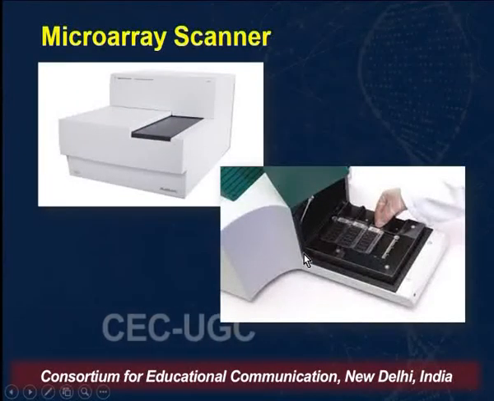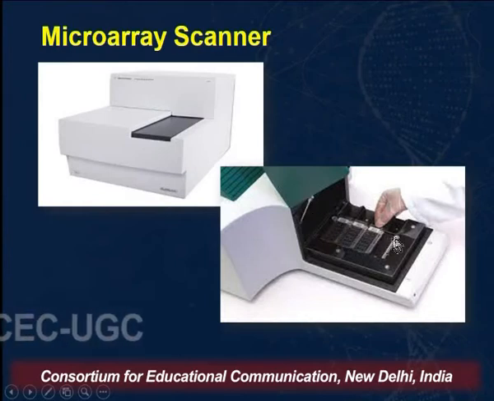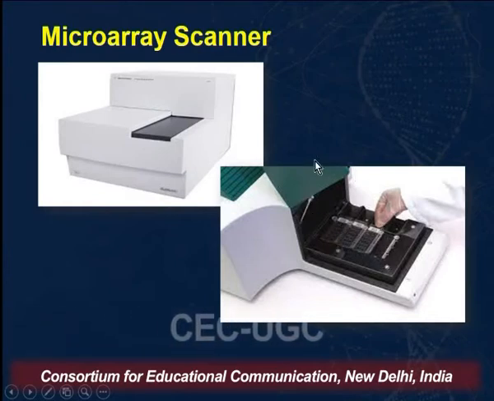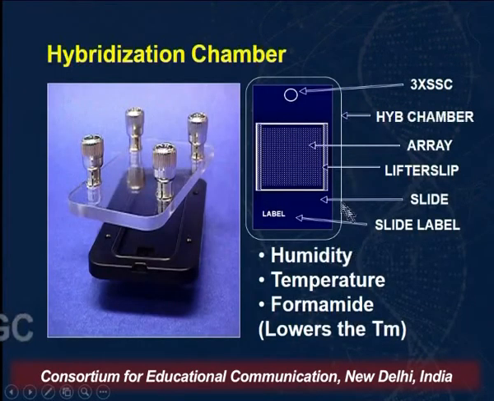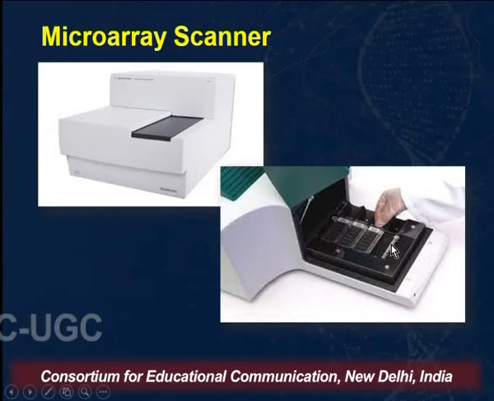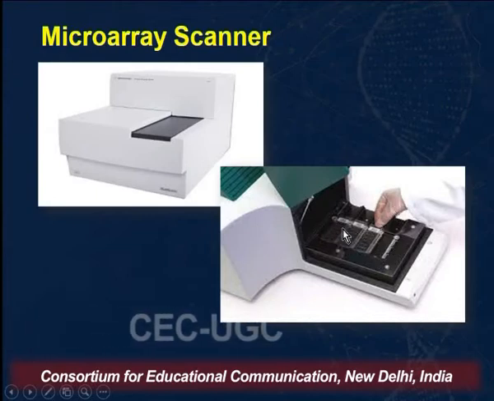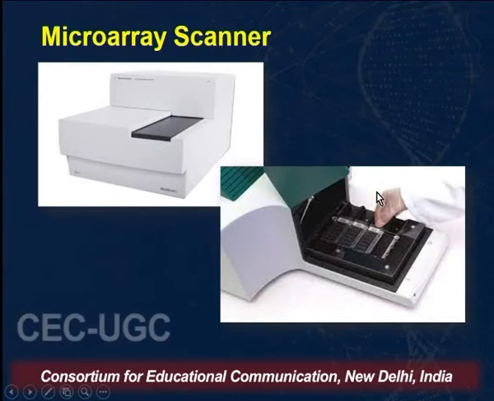After hybridization, these are the microarray scanners. The chips are put in here, and they will scan and record the signal intensity, because the target sequences that we use are labeled with different fluorescent nucleotides, fluorescent labels. When you scan these microarray chips, they detect those signals and produce the images that I just showed, and they store those images as TIFF images.